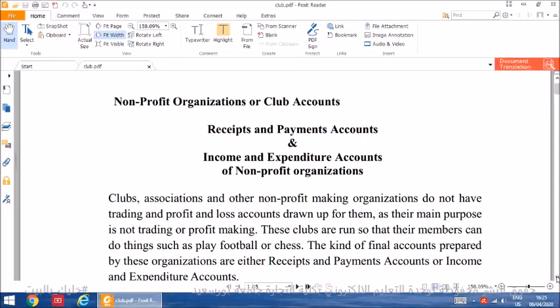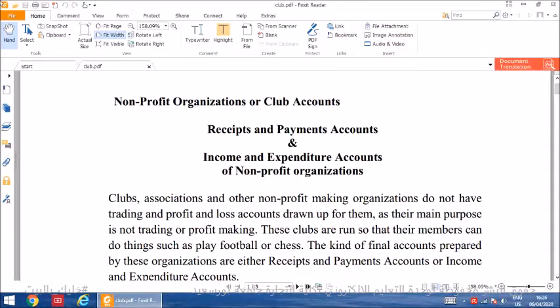Clubs, associations, and other non-profit making organizations don't have trading accounts and profit and loss accounts. Trading accounts and profit and loss accounts, these both are called the income statement for profit organizations. The income statement includes the trading account and profit and loss account.